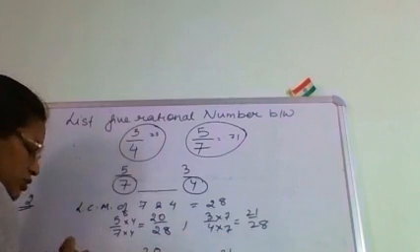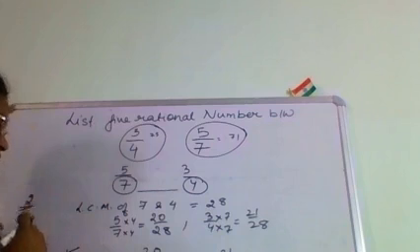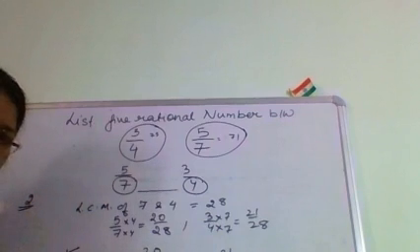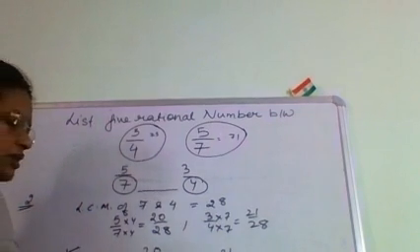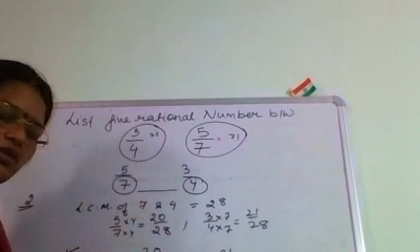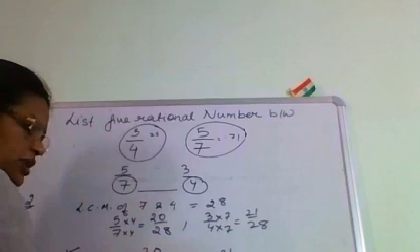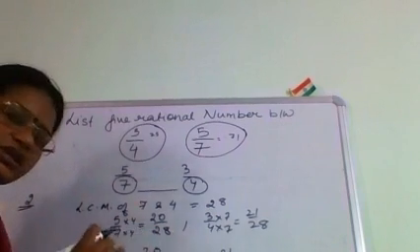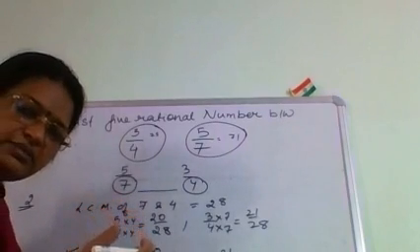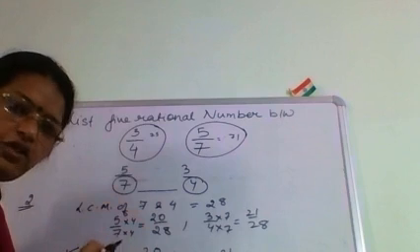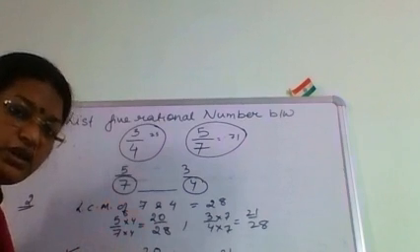Now the question arises, how many numbers do you have to insert? Say if I have to find one number also, what is the normal procedure? The denominator is same and I will change the numerators, but here the numerators are just consecutive numbers, 20 and 21. So I cannot find any number. I cannot find 20 point something.